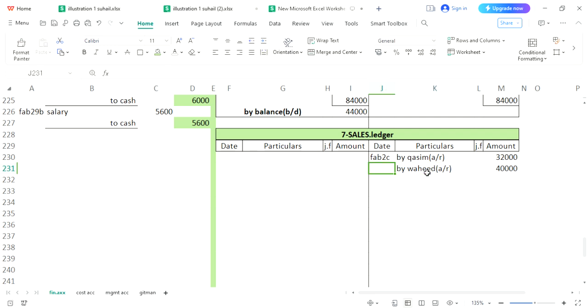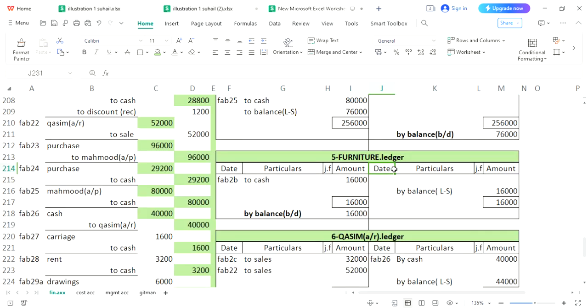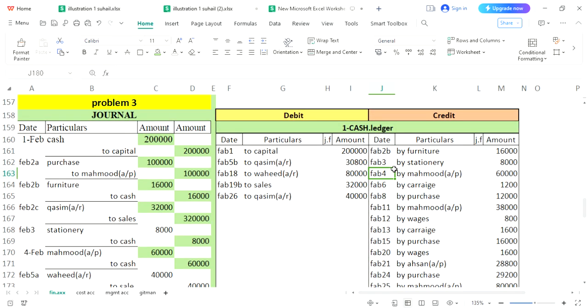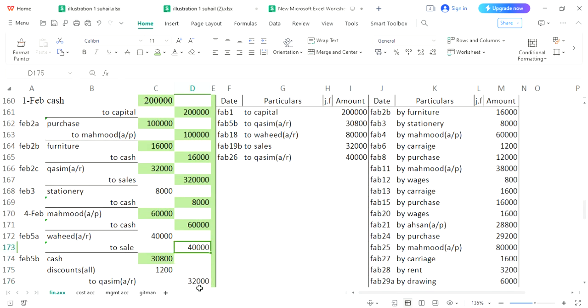How do we write reference? If we are making the ledger of sales, we will see where sales is present, and whatever is written on the opposite side would be used for the reference. Now we are about to see the date for 40,000. Here we have 40,000 sales which has been credited.